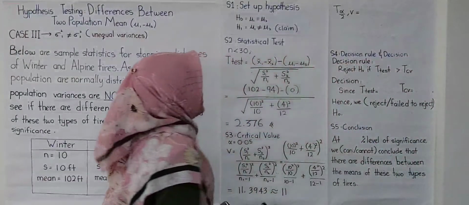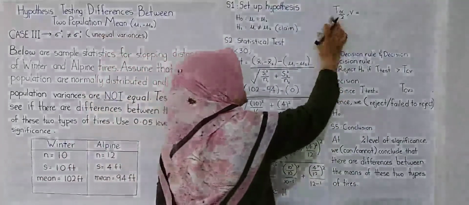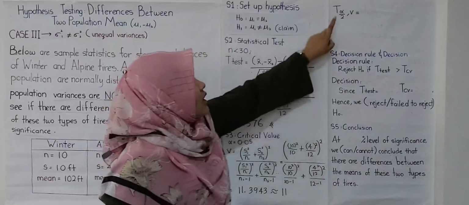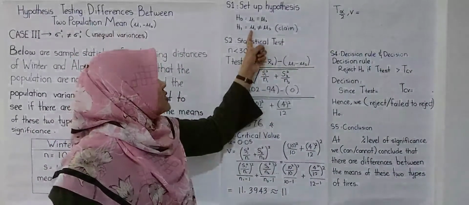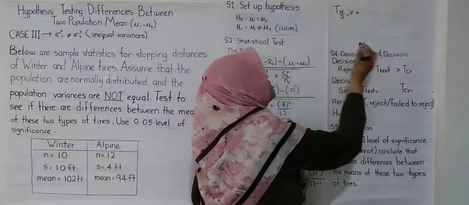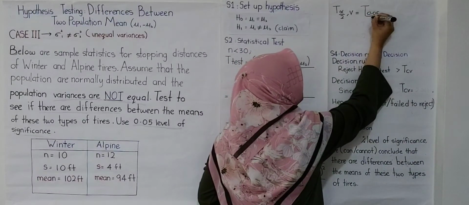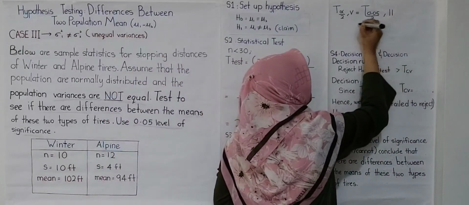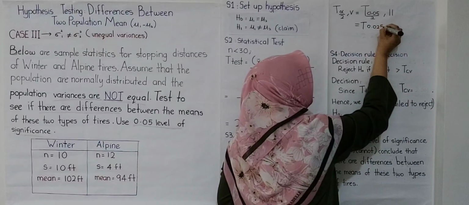Now let's put it in to find the critical value: t alpha over 2, comma v. Why alpha over 2? Because this is two-tailed. So t 0.05 over 2, and our v is 11. 0.05 divided by 2 is 0.025.